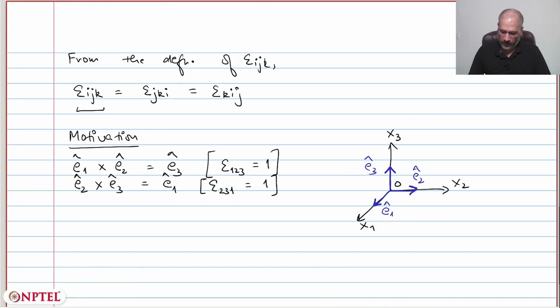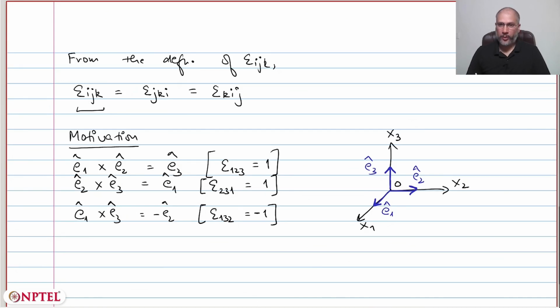Let's change the order. So if I take e1 cross e3, again look at this figure on the right hand side, you can see that e1 cross e3 is a minus e2, and if I take these indices epsilon 1, 3, 2, that's a minus 1.